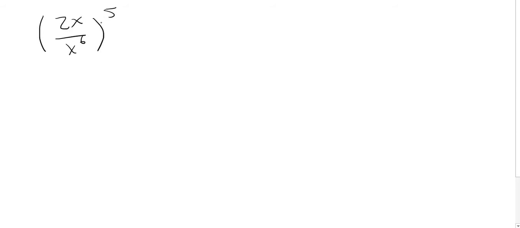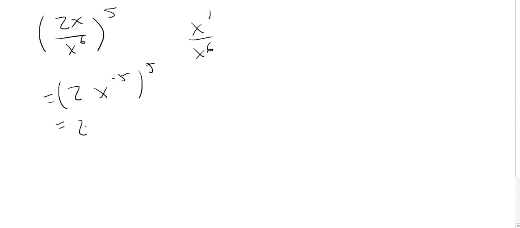But that's going to give me a lot of terms with variables on them. So I like to simplify the inside first every time, if I can. Meaning the 2, that doesn't have anybody to simplify with. But the x over x to the 6th, I could simplify that. Subtracting the top exponent minus the bottom exponent gives me x to the negative 5th. That's just the inside. That's just me doing the x's.